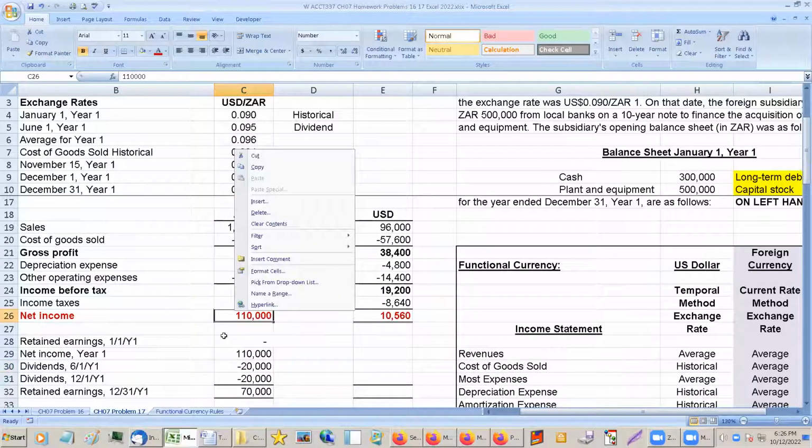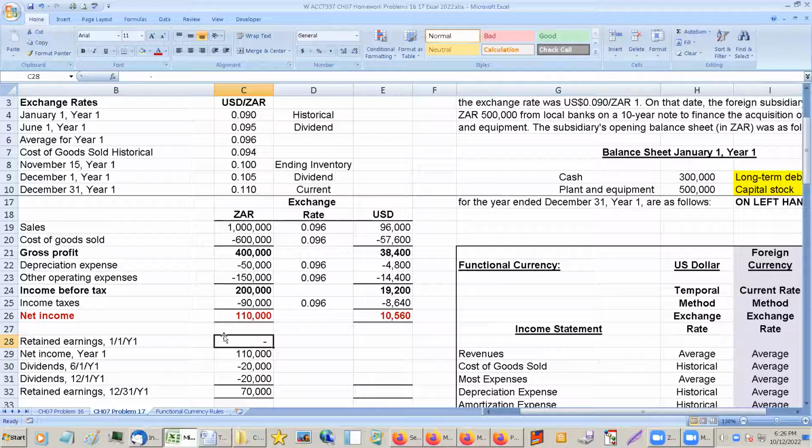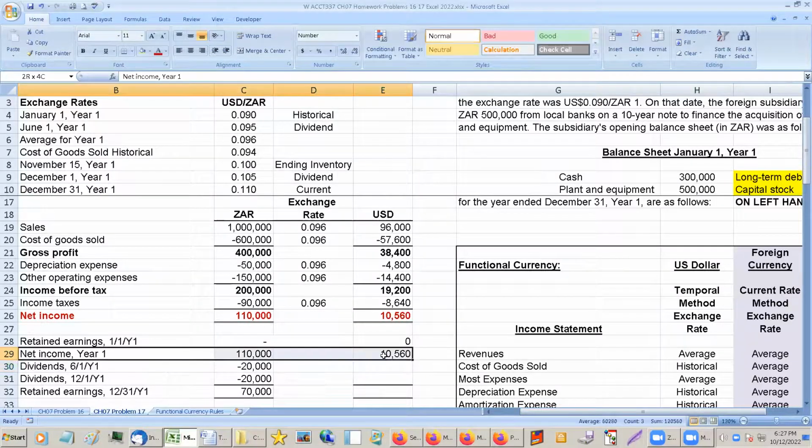Any question on that? Did you guys get anything different than that? All right, so that's the average throughout the year, and again, a lot of stuff in the income statement is done throughout the year. Okay, retained earnings. Now this translates here to the 0. We just started. The income comes in at the same amount.